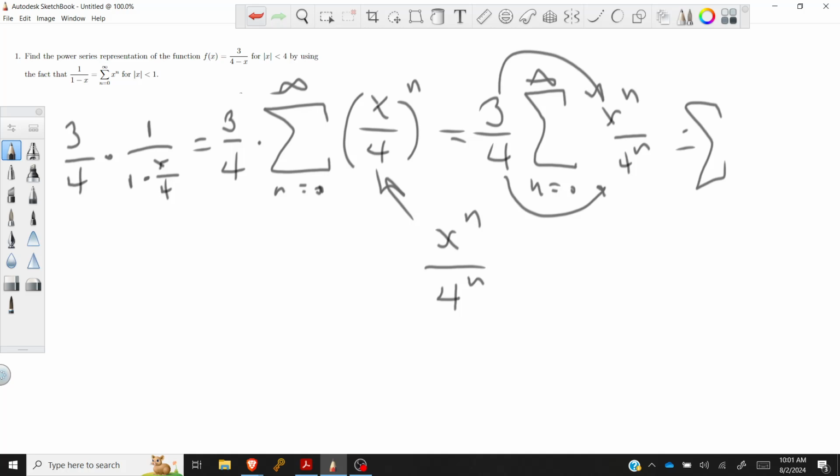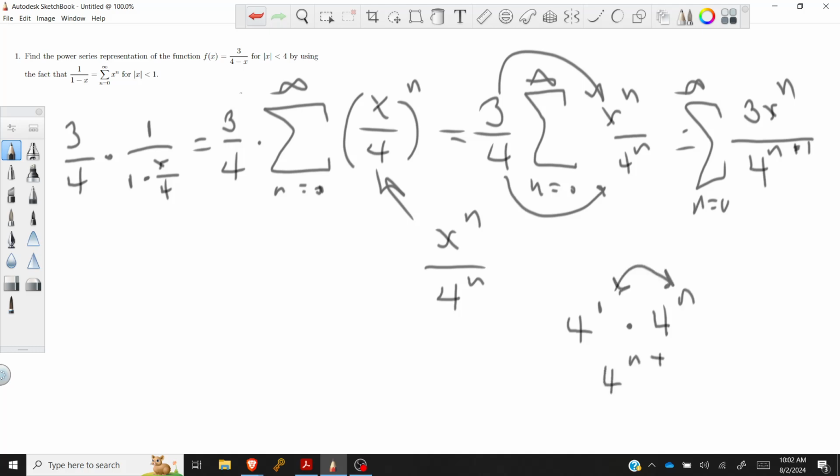So this whole thing is going to simplify down to 3x to the n over 4 to the n plus 1. I said in a previous video, when you're multiplying two pieces that have the same base, what you do is you add the exponents. So this is equal to 4 to the n plus 1. So this would be your answer.